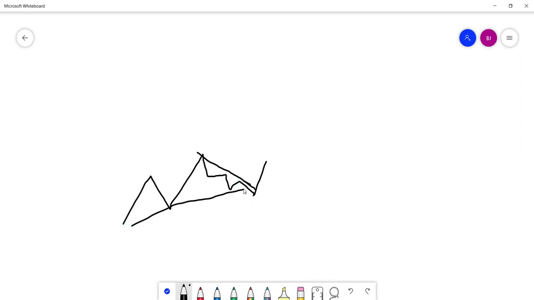And as soon as it breaks this trend line, we're gonna go to the 1 minute chart and look for entries. This is what this strategy is all about. Now, why do we want to look for trend line breaks? Well, because number one, when it breaks this trend line, guess what?